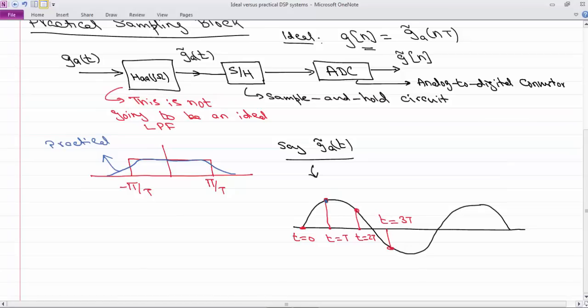So the purpose of sample and hold is that it samples this value and then holds it for some time. It keeps the value constant for that time, and this hold time is a function of what's called the settling time of the ADC.